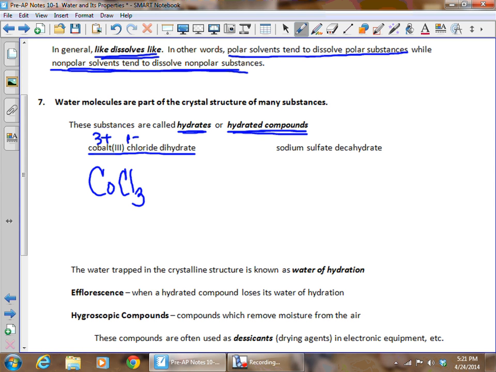And the dihydrate simply means that attached onto that, for every 1 cobalt chloride unit, we're going to have 2 water molecules.